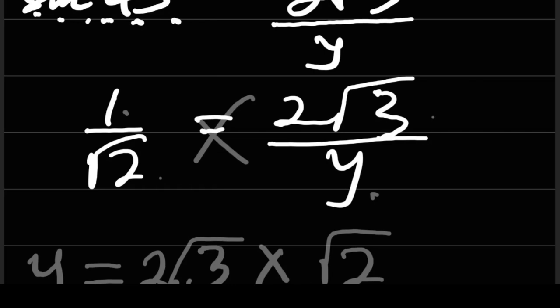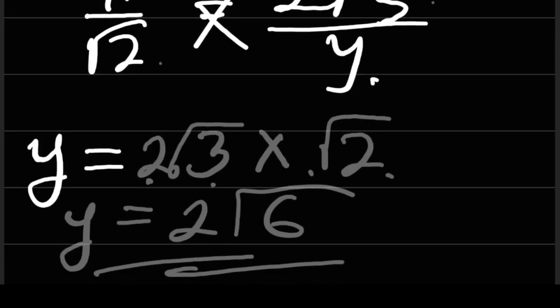What do we do at this point? We'll cross multiply. Y times 1 is y equals to 2 root 3 times root 2.